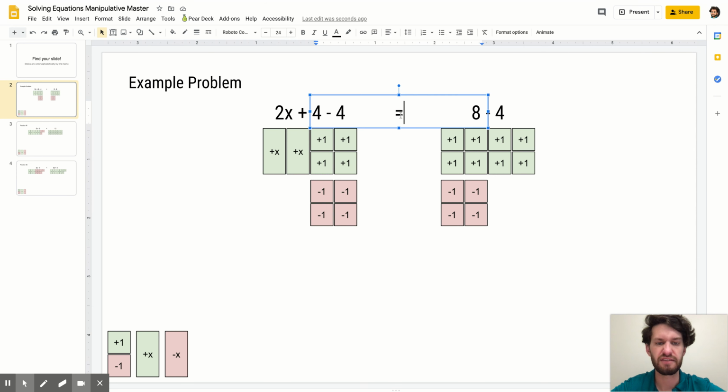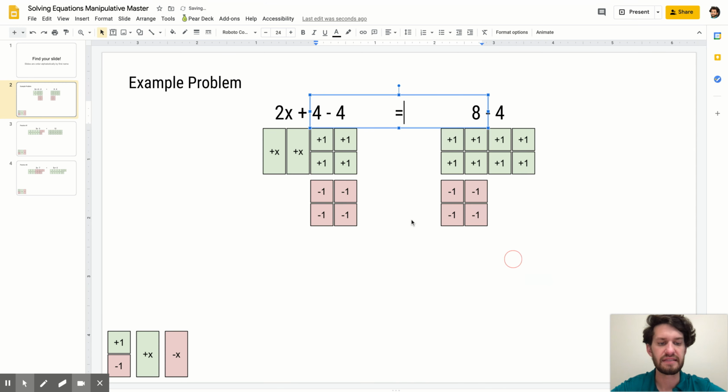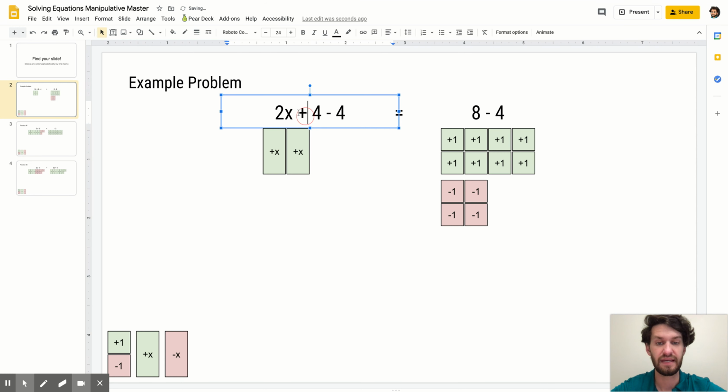If I have plus 4 something and then minus 4 something, that means I have 0, right? If I have 4 squares and I subtract 4 squares, all of these squares are going to go away. Plus 4 minus 4 gives me plus 0. I don't need that in my equation.